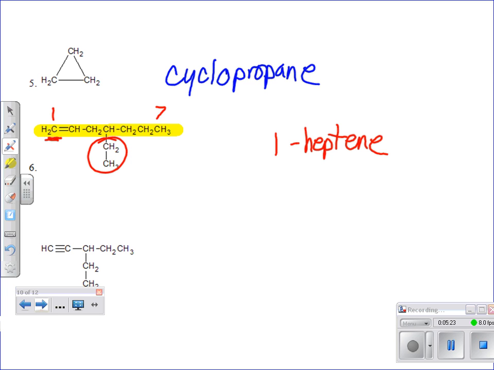Even if this ethyl group was way over here, I can't suddenly change my numbering system. Remember, your double bond takes precedence over making the lowest number, and then you have to stick with that numbering. So it becomes 4-ethyl-1-heptene.